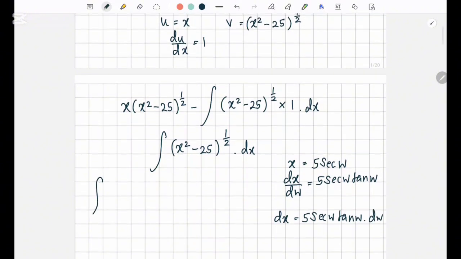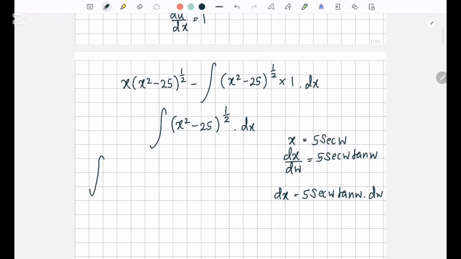You go back into your integral. Now instead of x squared, I'm going to write 25 sec squared w minus 25 in brackets to the power half, and instead of dx, I'm going to write 5 sec w tan w dw.